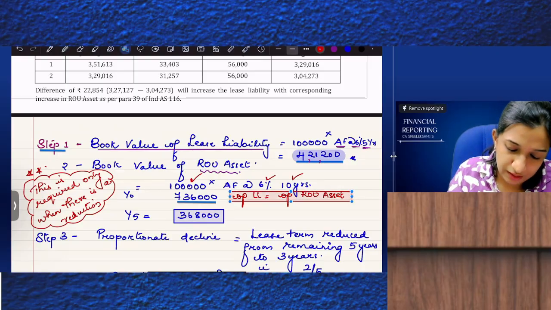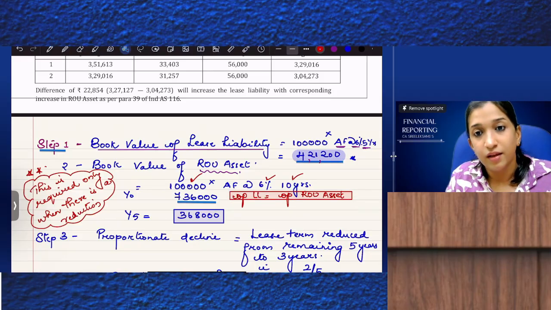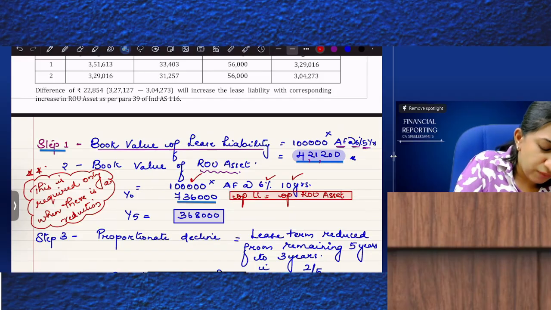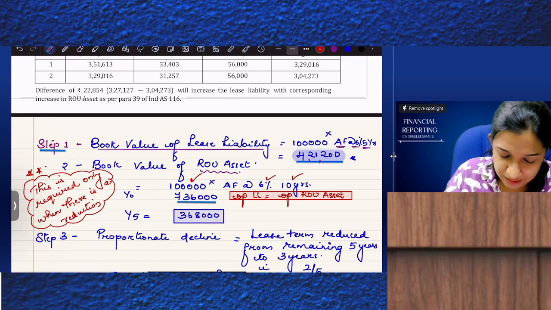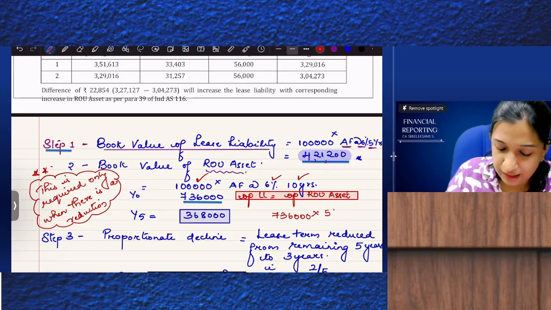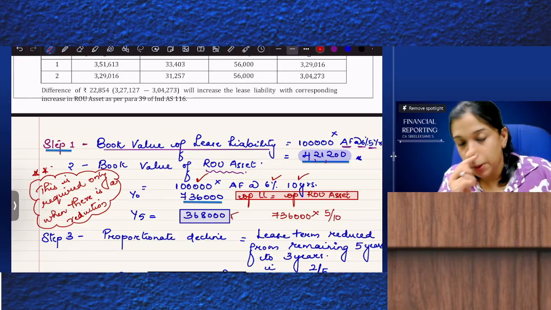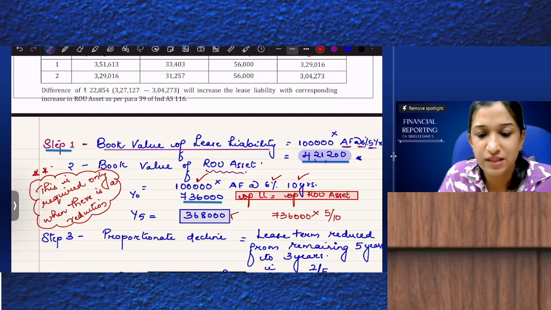Then you depreciate; the asset will be depreciated over 10 years. So 5 years expired: 7,36,000 into 5 by 10 is depreciated, so the balance 5 by 10 is the value of the asset. So 3,68,000 is the value of the asset. Yes or no?